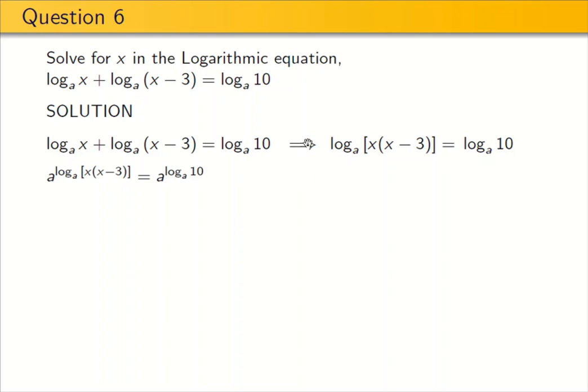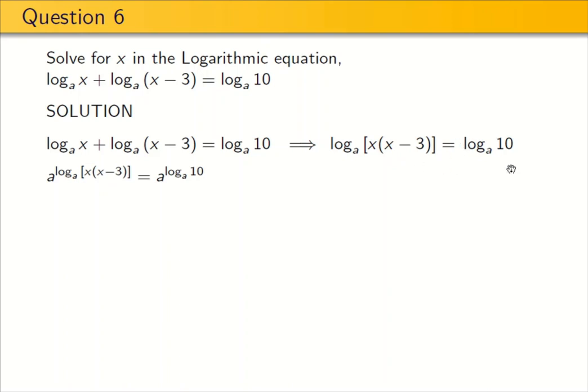Now, from exponential equations, if this is true, then we can write the whole of this as this. Why? Because from exponential equations, if I have a to the power of a certain expression and it's equal to a to the power of another expression, then I can equate the powers since the bases are the same. So we can equate this and this.